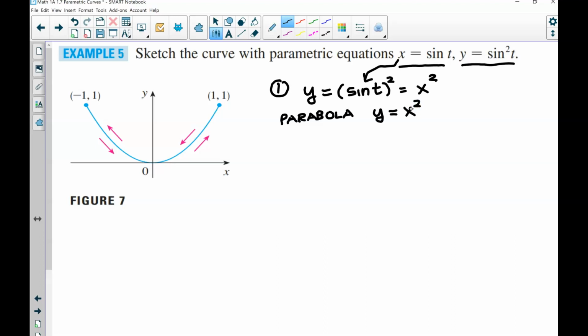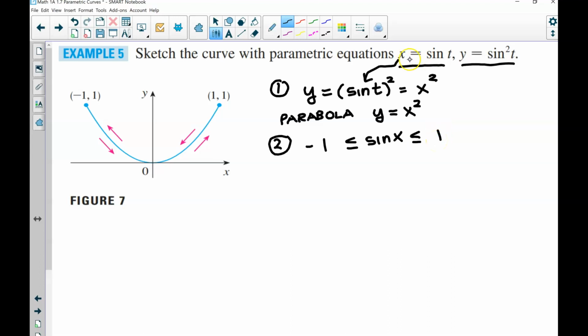Now, there are a couple of things we need to take note of. One of them is the range of the sine function. For the sine function, the height goes as far as 1 and as low as -1, which means the sine of t is going to be between -1 and 1.